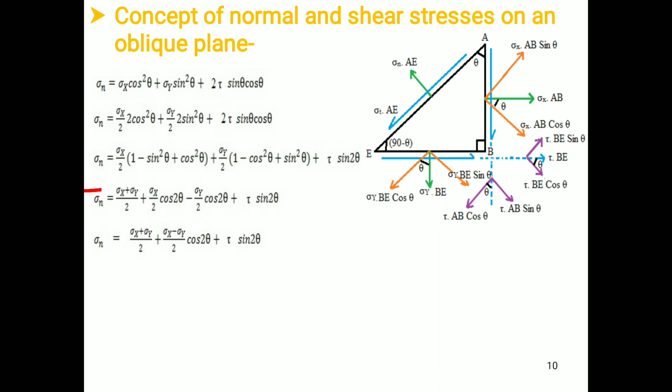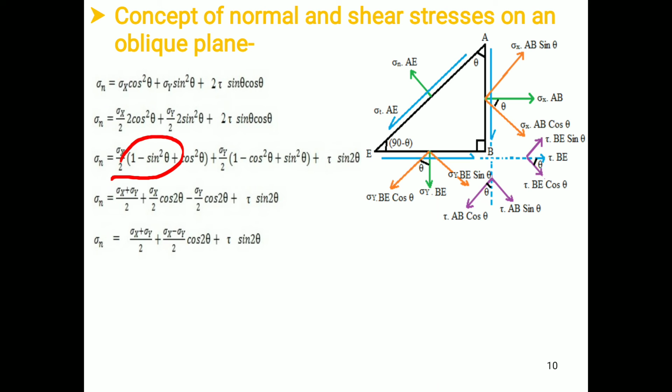Now sigma n is equal to sigma x upon 2 into 1 minus sin square theta plus cos square theta, because this is the 2 cos square theta. 2 cos square theta means cos square theta plus cos square theta. All of you know that sin square theta plus cos square theta is equal to 1. Therefore cos square theta will be equal to 1 minus sin square theta.